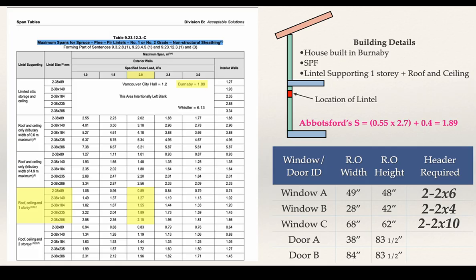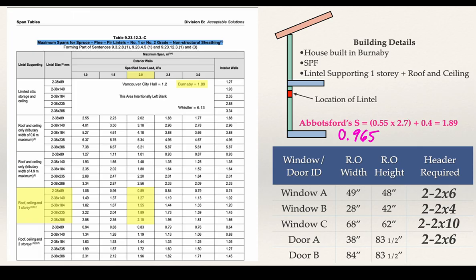Okay. So we have a typical exterior door. Ooh, I forgot to calculate this one. 38 times 25.4 gives us 965 millimeters. So 0.965. All right.